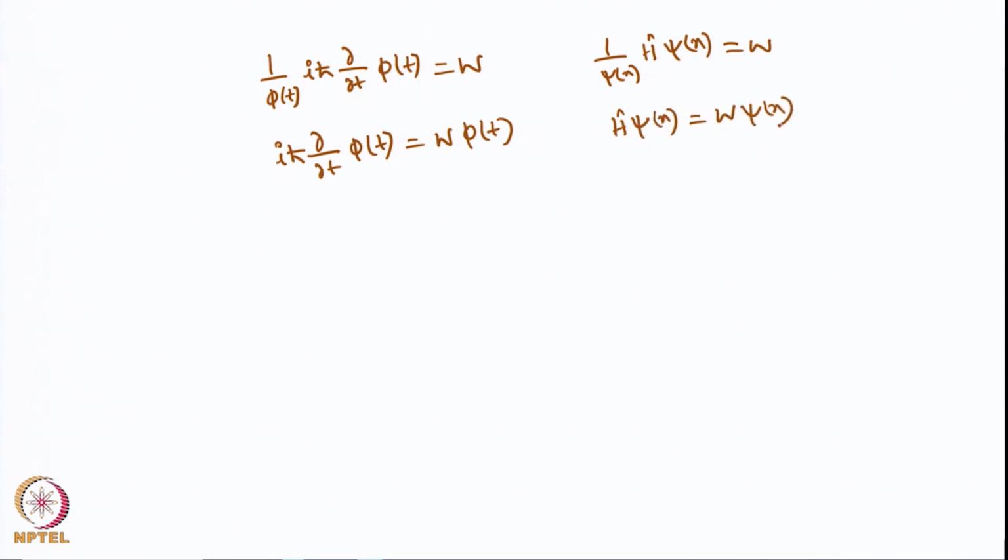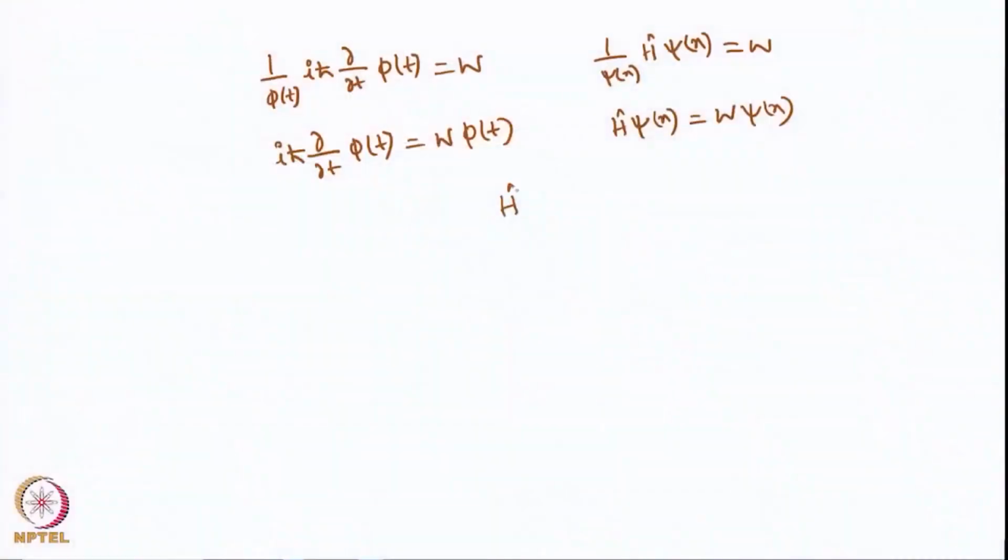Now, we know the Hamiltonian is nothing but the total energy operator. So, H is equal to, and this is also equal to operator E, that is something that we have discussed in class number 1.